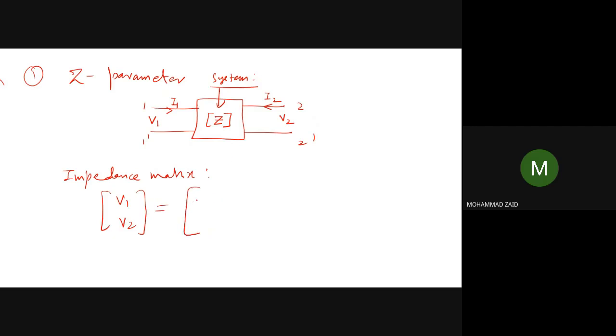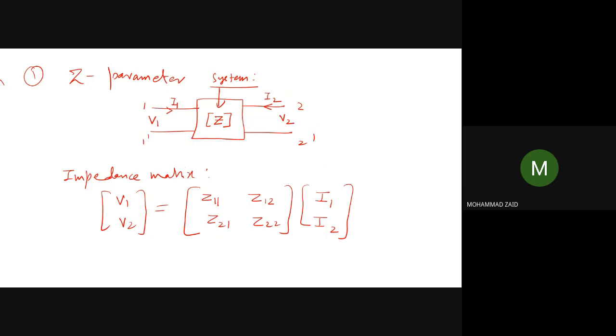We have already said that the circuit is linear, so we can define this system as our coefficient matrix Z11, Z12, Z21 and Z22 multiplied by. Now obviously, if we have taken V1 and V2 as one set of variables, the other set of variables are quite obvious. They will be I1 and I2.